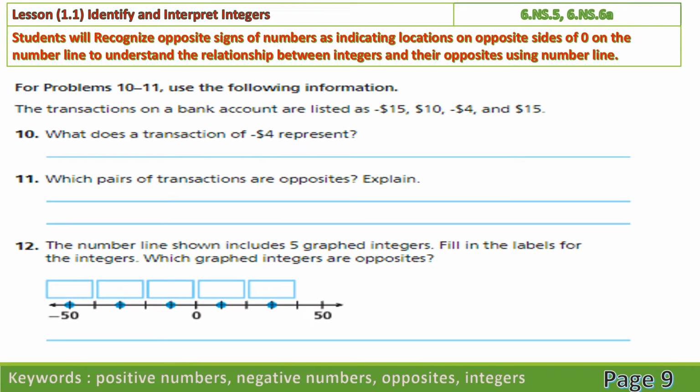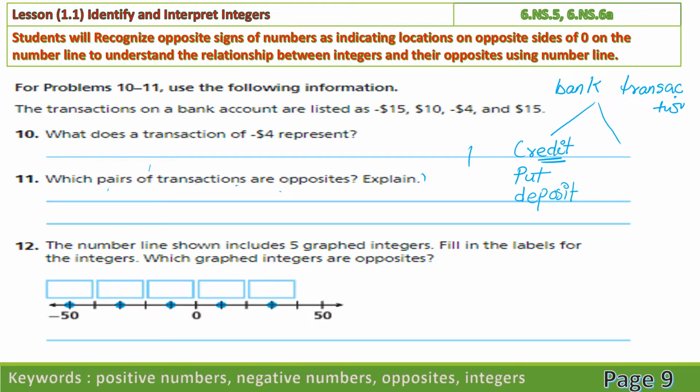The transactions on a bank account are listed here. What does a transaction of -4 represent? Now, when we talk about bank transactions, tell me what happens in banks. Two things happen, right? You credit something, which means you deposit some money.